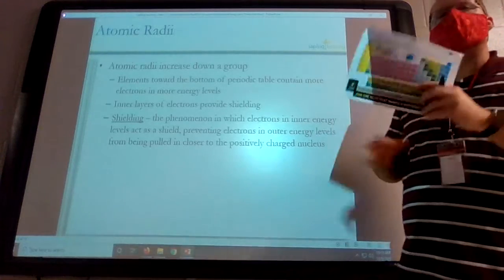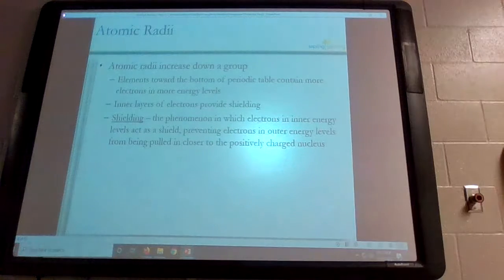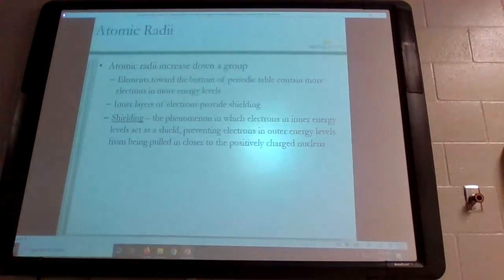Basically, what shielding is, let me draw this for you real quick because I don't think they have a picture of it. You have your nucleus here with all your positive protons, right? And the protons pull the electrons that are in your close groups in closer and make your atom smaller by attracting them in.